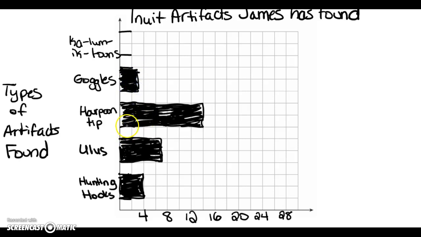Then we had the McMurchy, which was 25. So go to 25, go all the way up to your McMurchy, and then draw your lines.